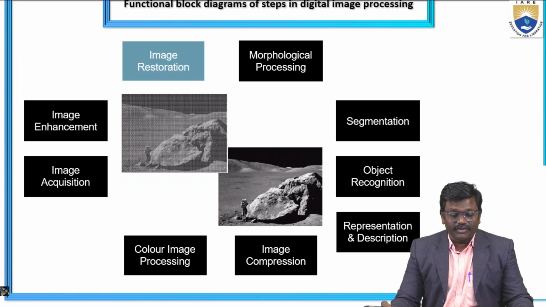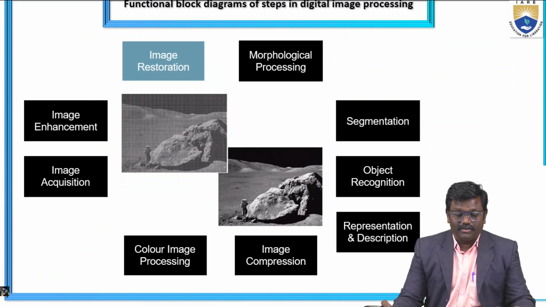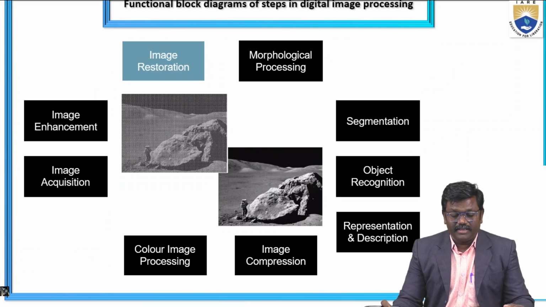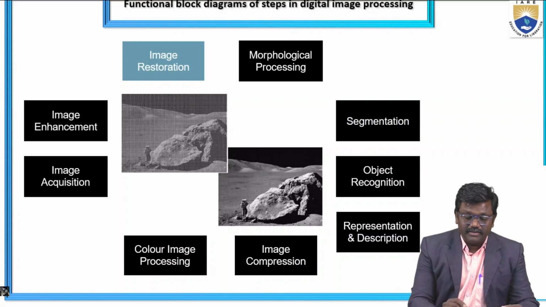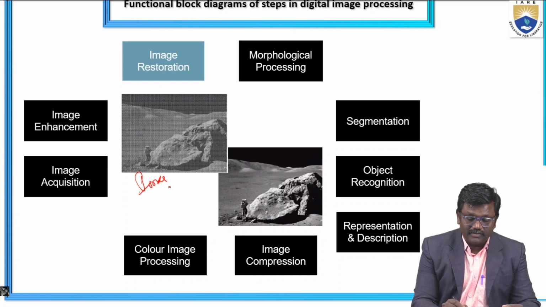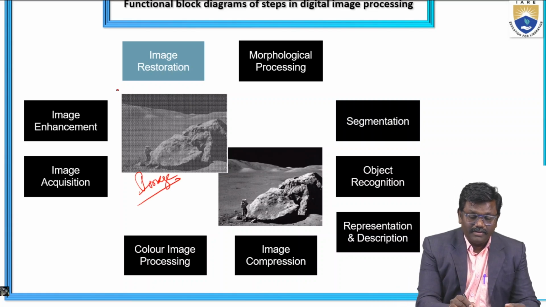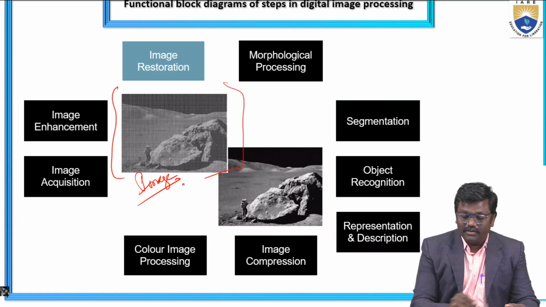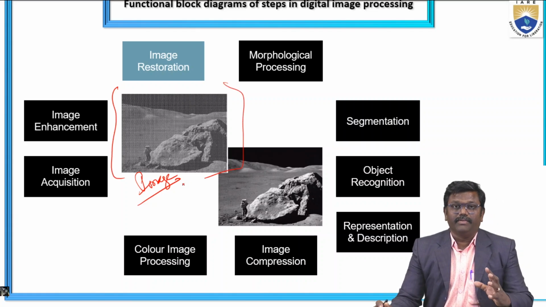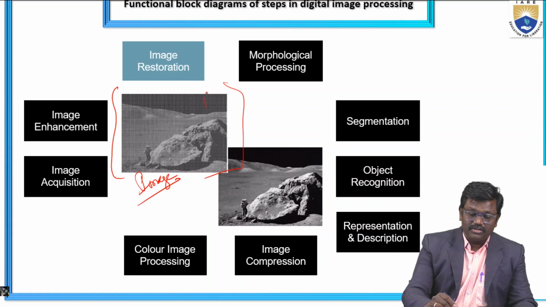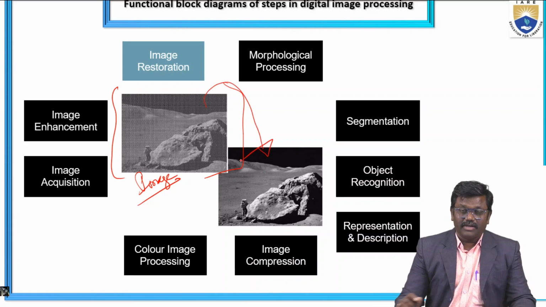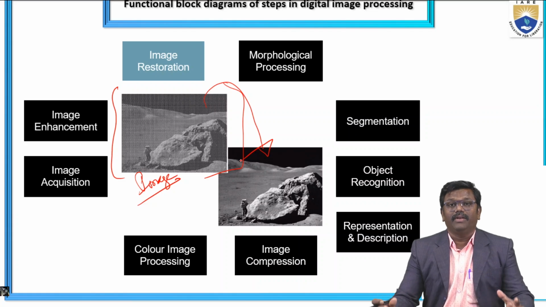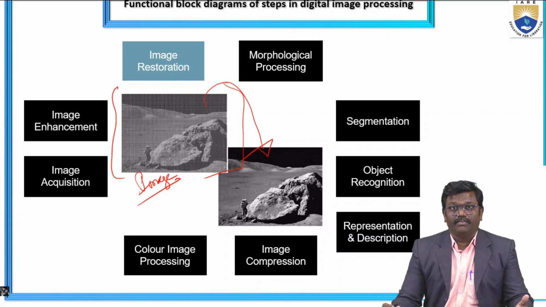First, we consider one image. This image is a 2D image. You want to restore this image into the visible form required by computer vision, in computer blocks.